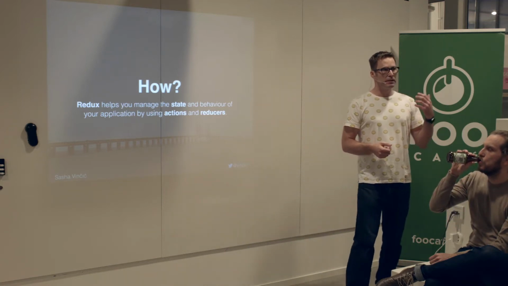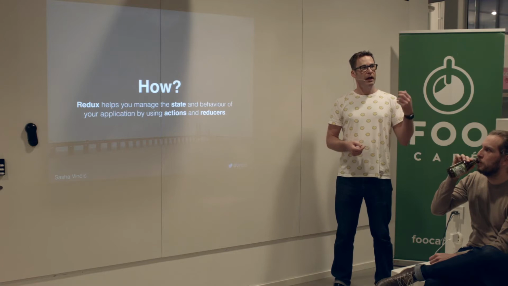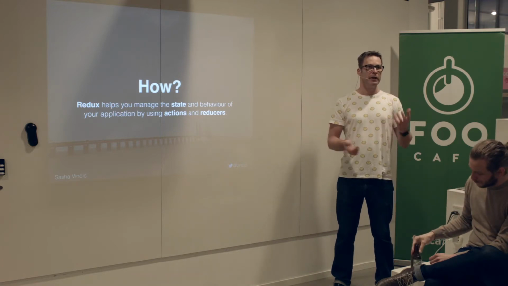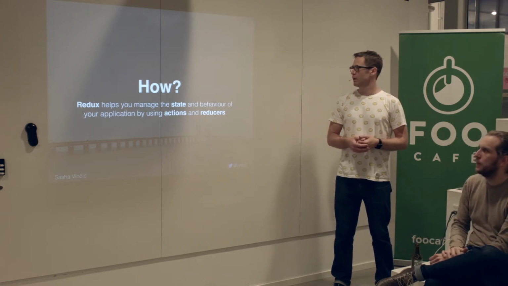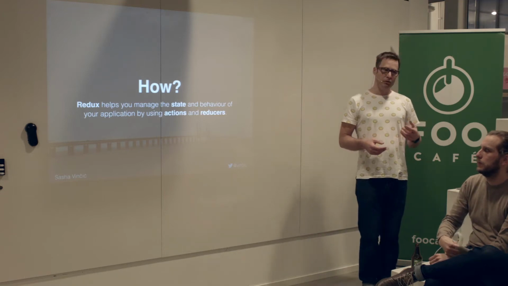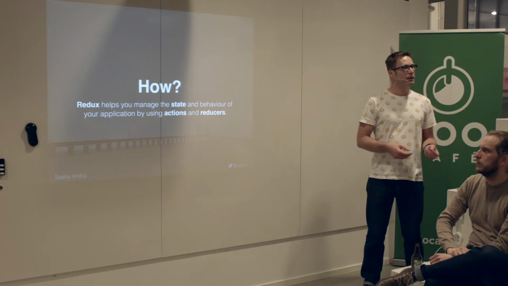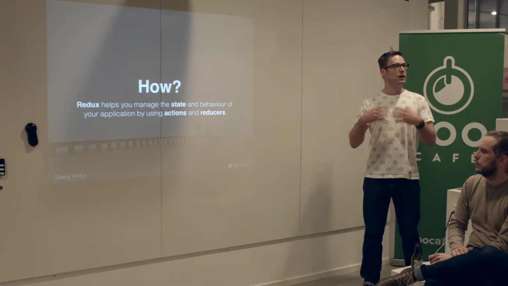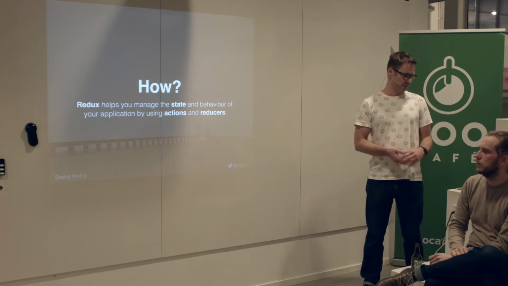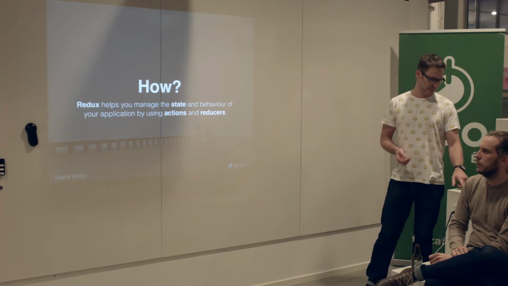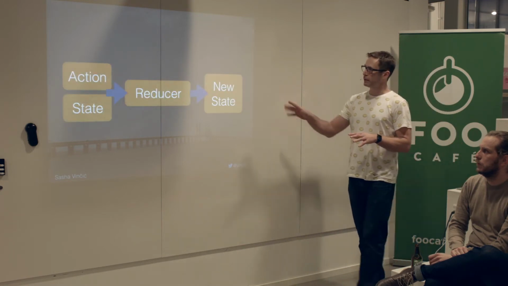Well, it uses actions and reducers to modify this state. That means that you always emit an action, apply it on a state, and through a reducer, you get a new state. Something like this.